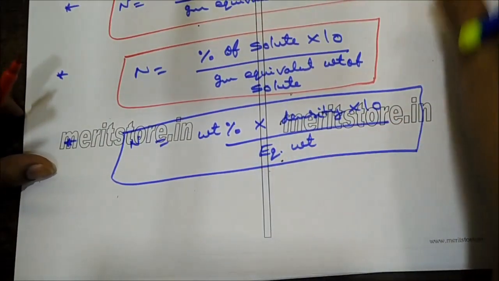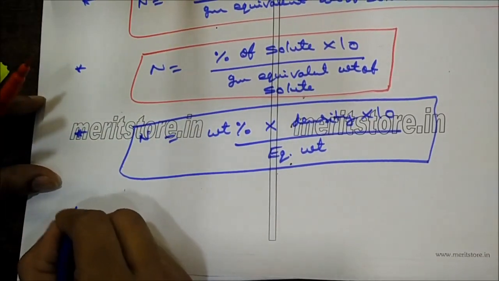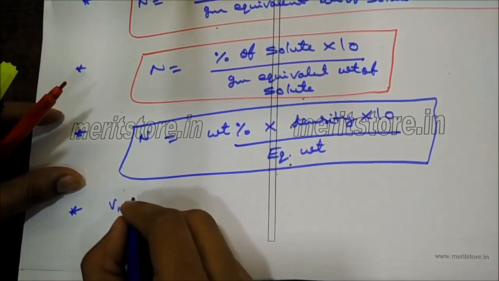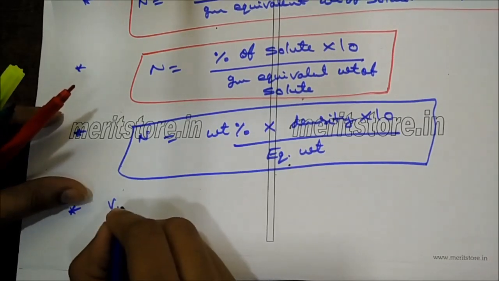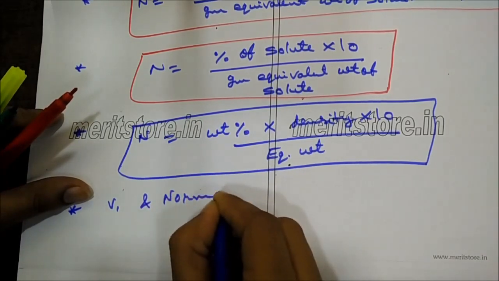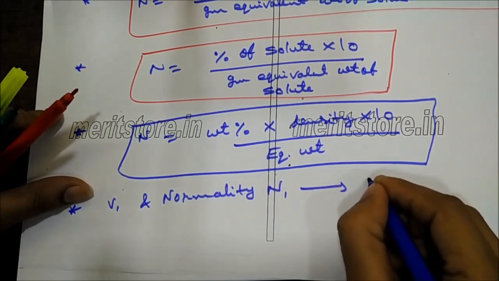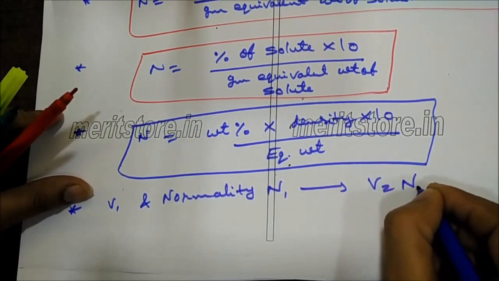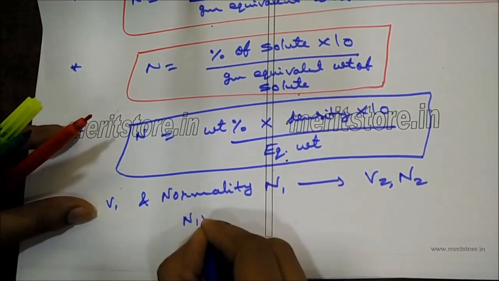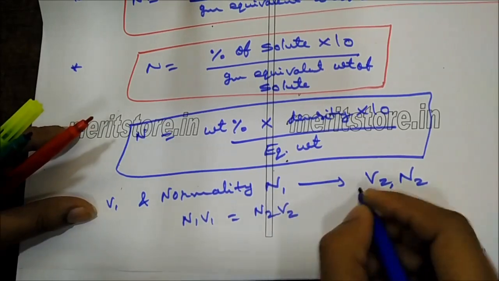If the volume and normality are changed, the volume of a solution is changed from V1 and normality N1 to V2 and N2, then N1 V1 will always be equal to N2 V2.